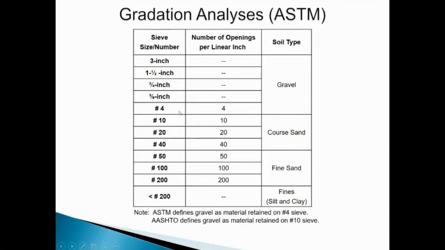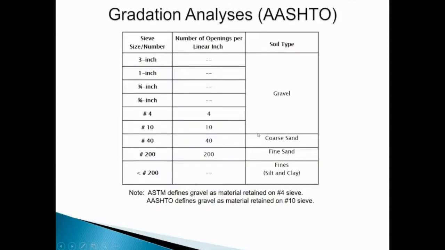And what we mean by saying number 4, number 10, number 20 sieve is the number designation is an indication of the number of openings across a linear inch on the sieve. So a number 40 sieve will have 40 openings across 1 inch on that sieve size. So again, ASTM will define gravel as that which is retained on the number 4 sieve. AASHTO defines gravel as that which is retained on the number 10 sieve.